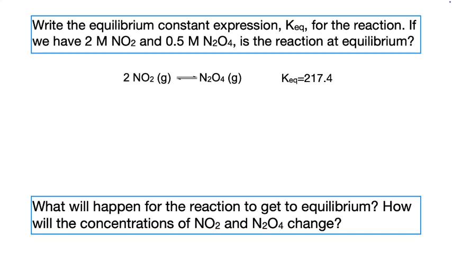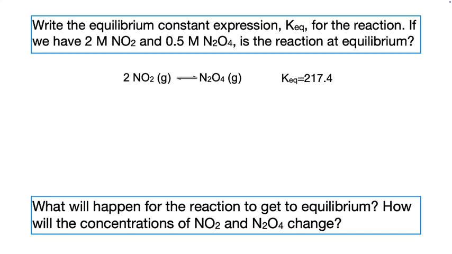So in this particular scenario we've got tiny little products and a lot of reactants because we're less than 1. What does a K value of 217.4 mean? I've got a lot of products, and tiny little reactants.